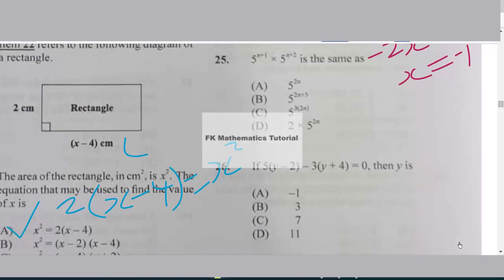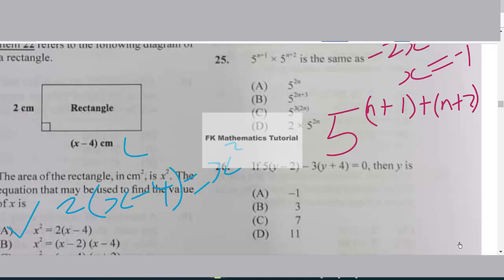Number 25. 5 exponent n times 5 exponent n plus 2 is the same as. So you pick one of the bases, and since they are multiplying, you add the exponents. Then we add the next one, which is n plus 2.